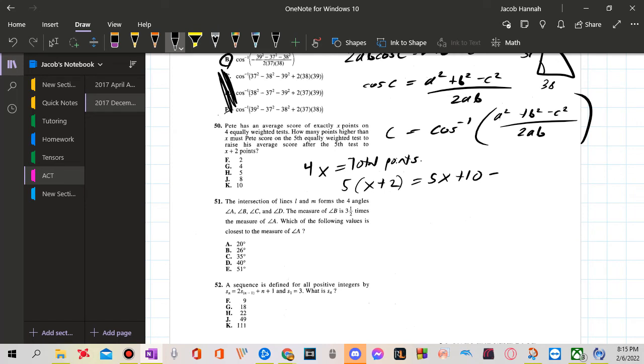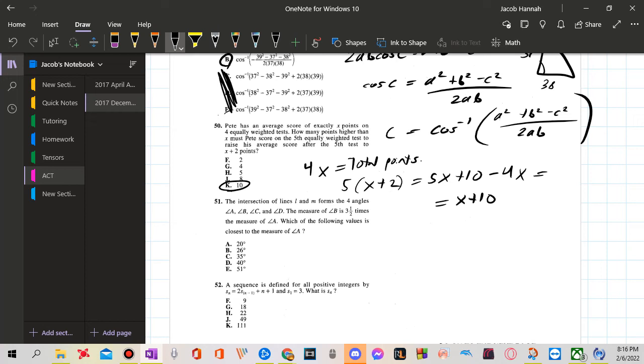So if we minus it from his old total average, we get X plus 10. So 10 is what he needs to make on his next test.